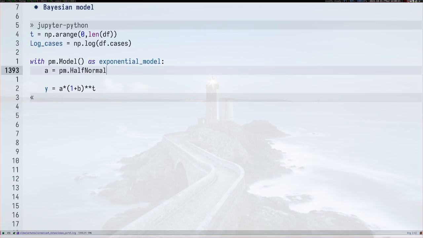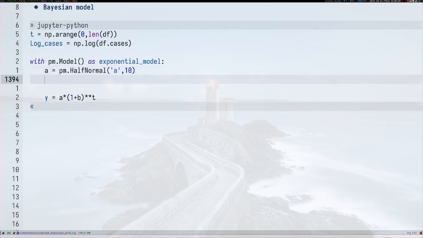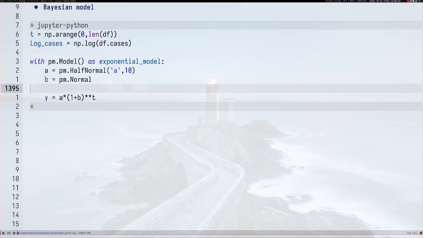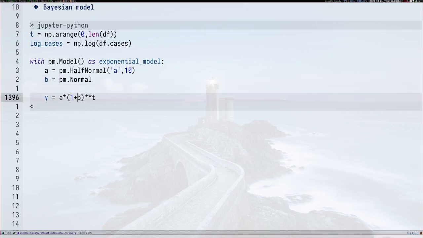So let's say it's half normal with parameter 10. Then B, which is basically the rate of change, but of course we have daily data, so this is the rate of change from day to day. In the way we formulate it, that can of course be both positive and negative.